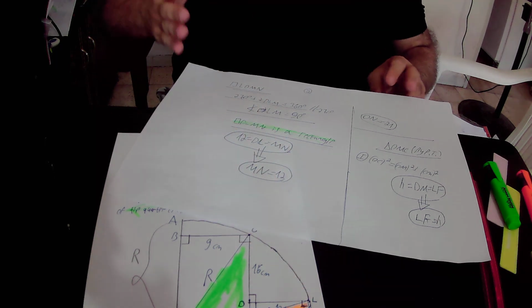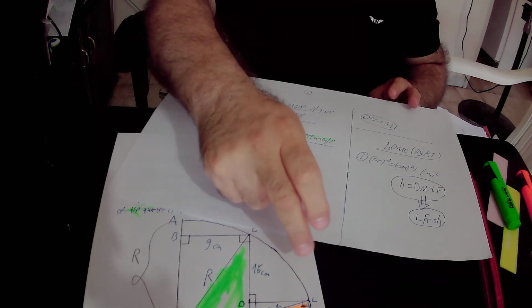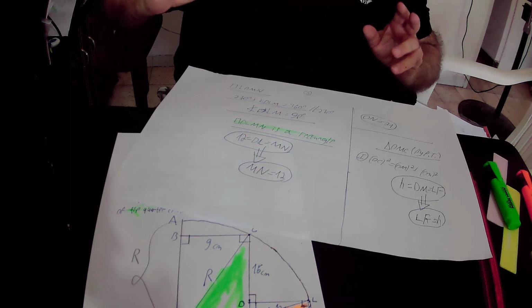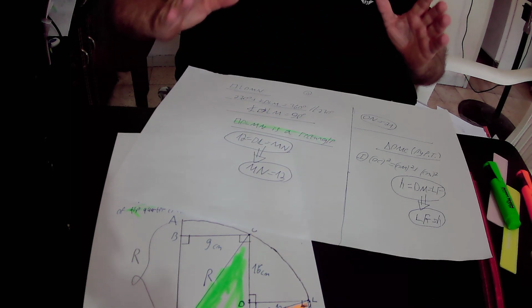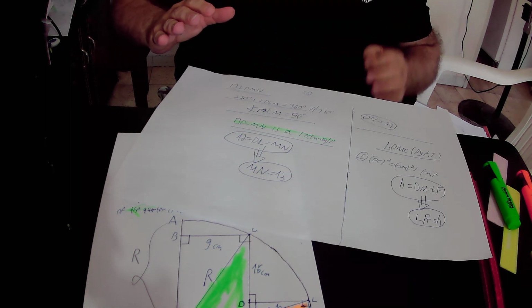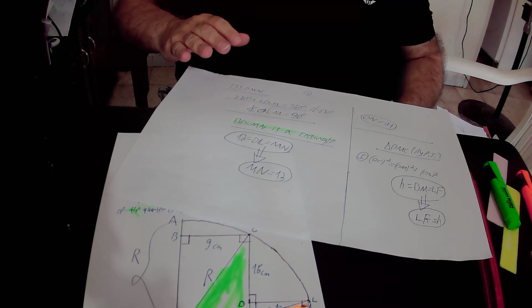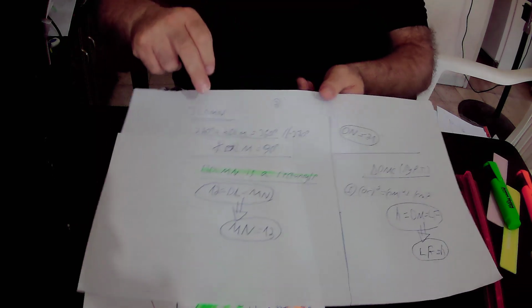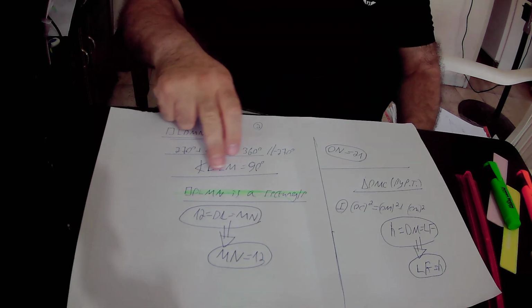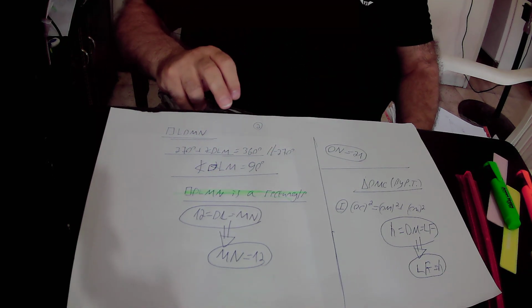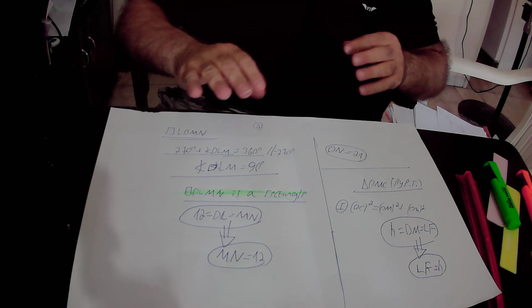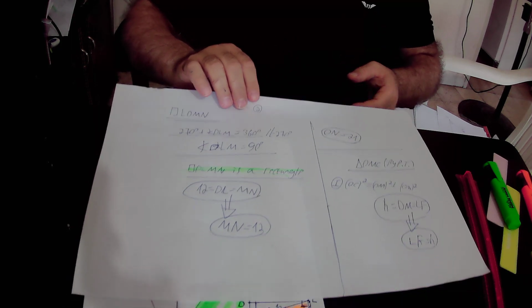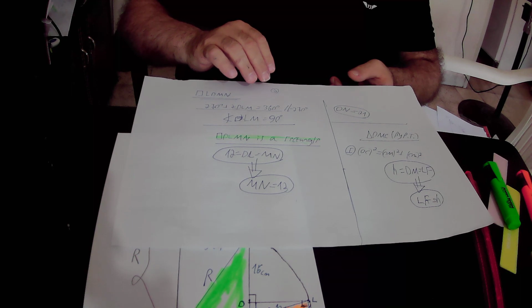So actually we found out that inside quadrilateral LDMN we have 4 right angles. And any quadrilateral that has 4 right angles must be at least a rectangle, if not a square. So we relate to quadrilateral LDMN as a rectangle. Here, quadrilateral LDMN is a rectangle. Why? Because it has 4 right angles. And you know that the opposite sides of a rectangle are equal to each other.